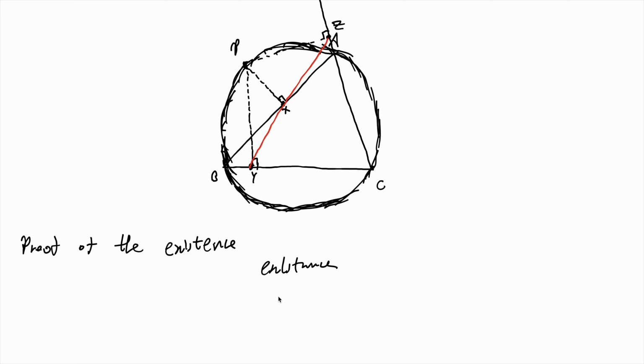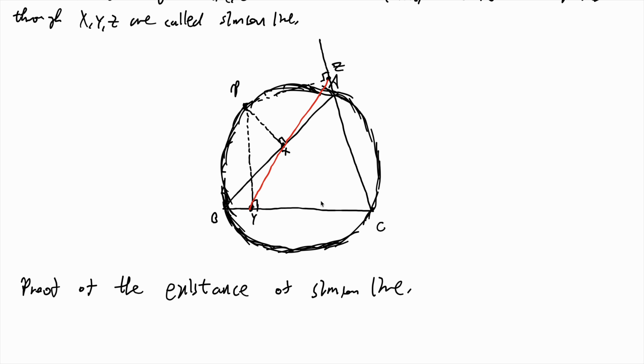It's A, right? Existence. Let me try that again. Anyways, proof of the existence of Simpson line. So let me quickly copy our diagram here.